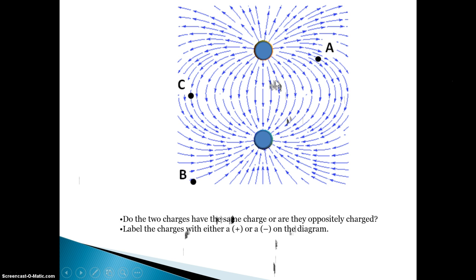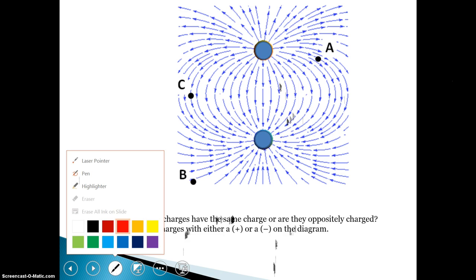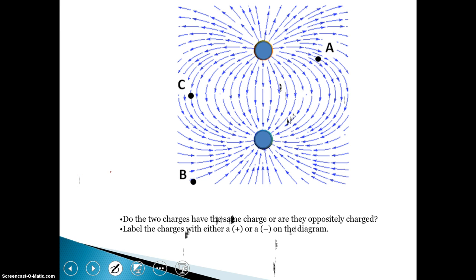So the key here is, which direction are the arrows pointing? From the charge on top, they are pointing out, which means it's a positive charge. And from the charge on bottom, they are pointed in, which means that it is a negative charge. There you go.